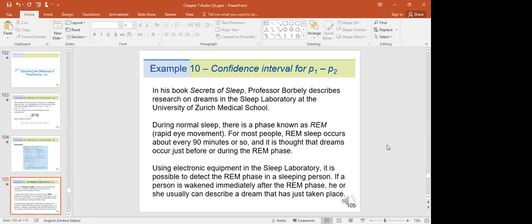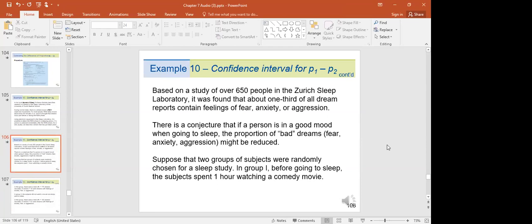For most people, REM sleep occurs about every 90 minutes or so, and it is thought that dreams occur just before or during the REM phase. Using electronic equipment in the sleep laboratory, it is possible to detect the REM phase in a sleeping person. If a person is wakened immediately after the REM phase, he or she usually can describe a dream that has just taken place.